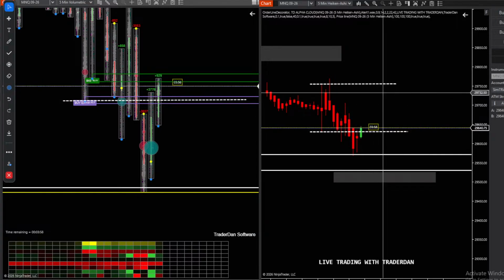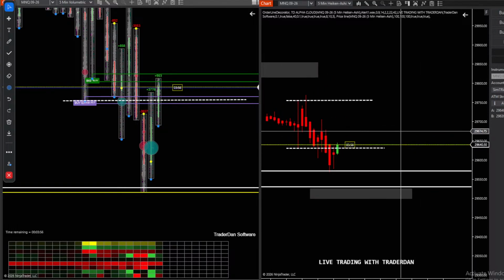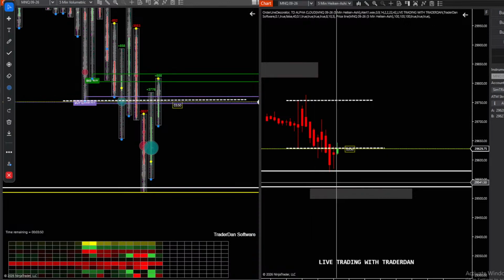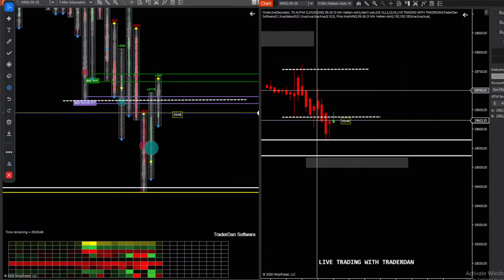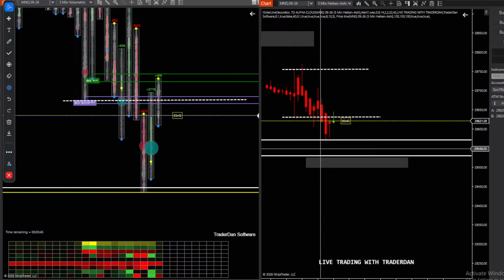Here it goes again, right? This is back into that long setup that I was trying to take earlier. Is this a pullback to go further short, though? We are making lower lows and lower highs.